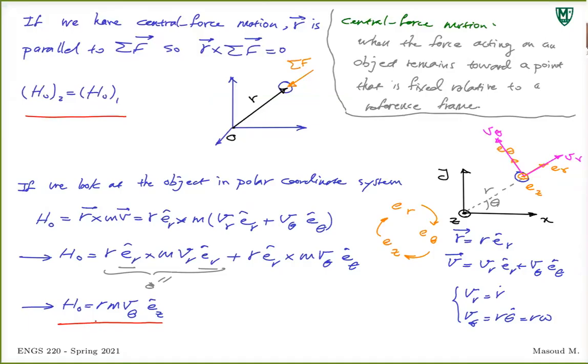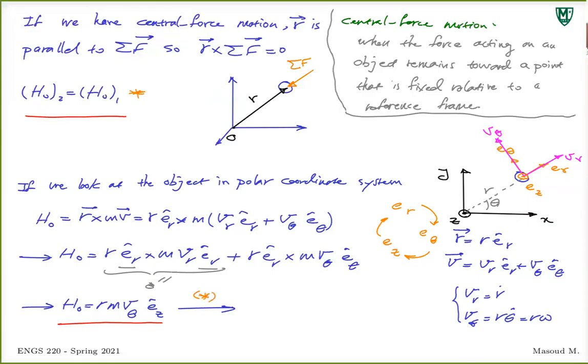Now, what does this mean? It means that if we have a central force motion, again, R is parallel to the resultant force, that means R V theta stays constant. Let me do it more methodologically. This is the relationship here.